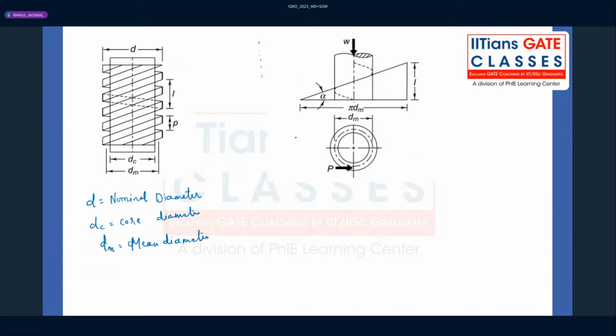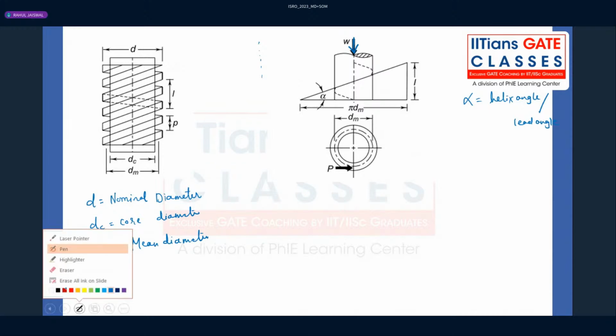This particular diagram they have given, right? The load which we want to lift, that is the load W which will be given to you. Alpha is the helix angle. We also call it the lead angle in case of screw threads.